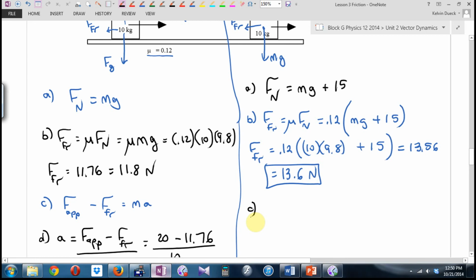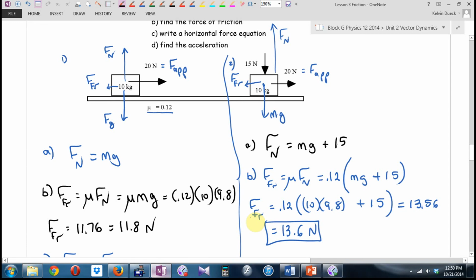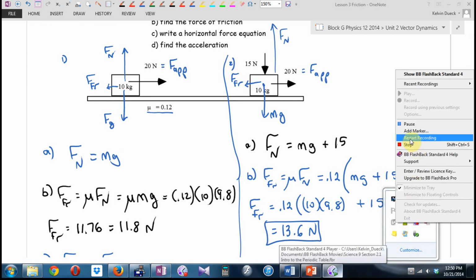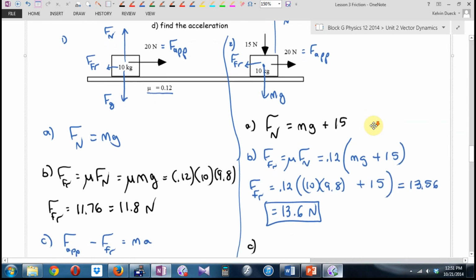Jenny, what's C asking me to find, kiddo? If this thing is accelerating, what direction is it accelerating, Jenny? By the way, can it be accelerating to the left? Friction cannot create motion on its own. It's not going to magically... See, put your pencils down, look up for a second. Let me pause this. So based on that, Jenny, looking at the free body diagram up there, who's winning?